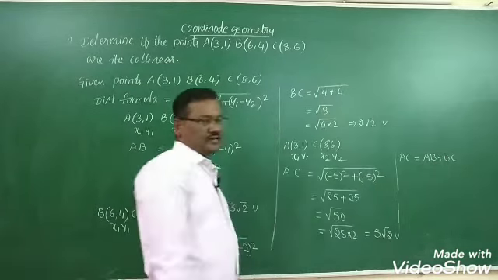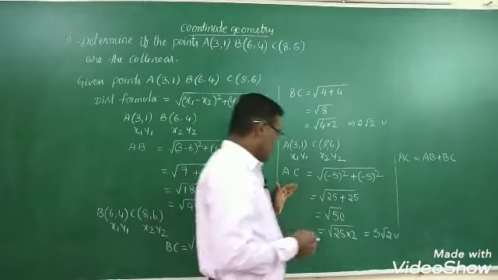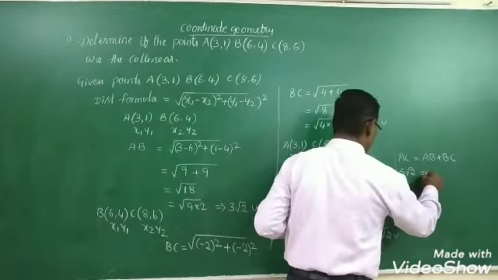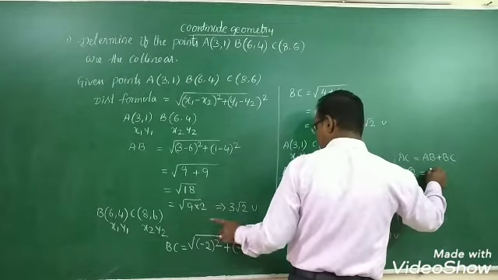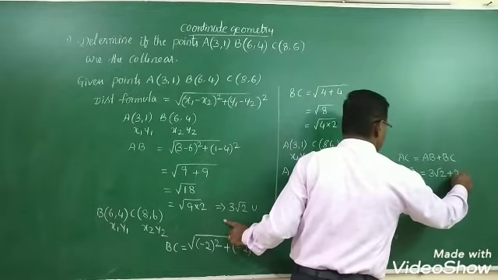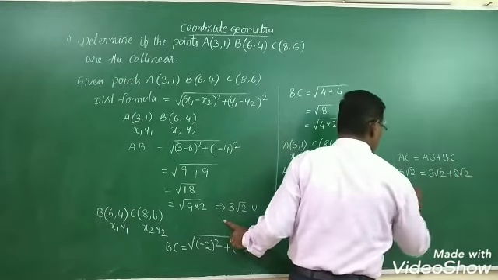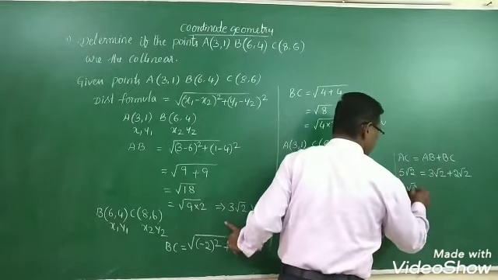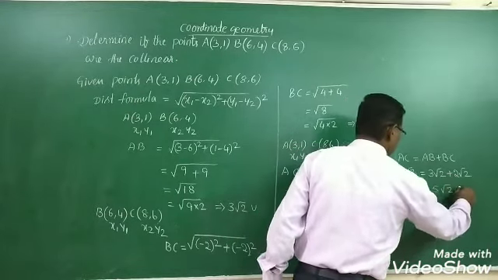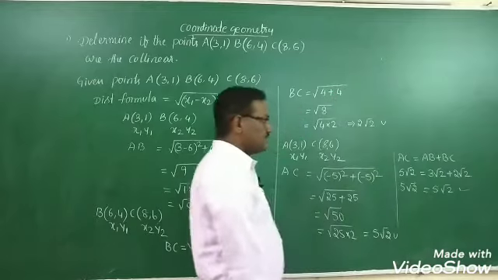Therefore, we are just verifying whether it is true or not. AC, 5 root 2, equal to AB, which is 3 root 2, plus BC, 2 root 2. So 5 root 2 in the LHS, and 3 root 2 plus 2 root 2 is 5 root 2. Yes, it is true, right?